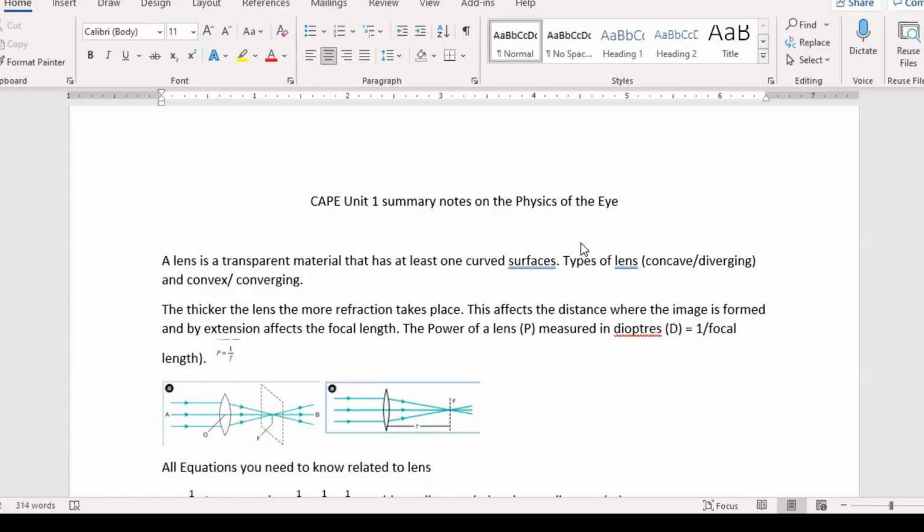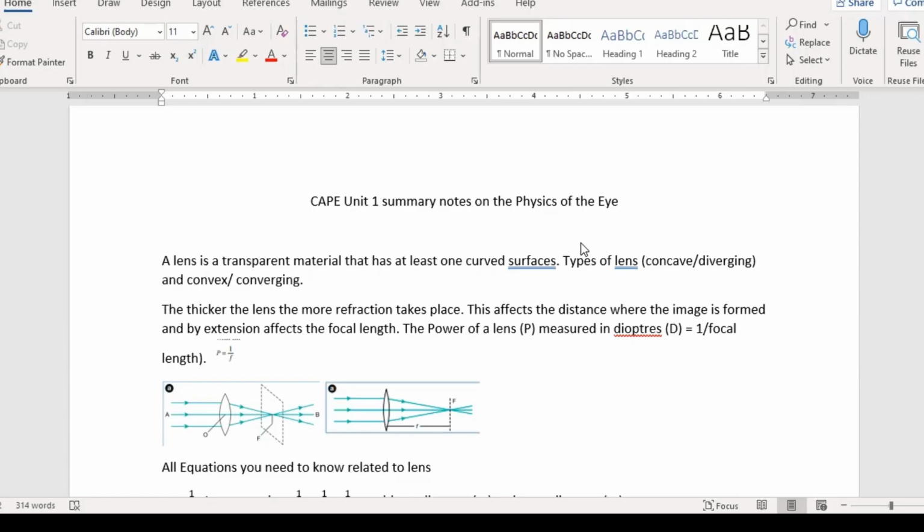It's important to note that depending on the thickness of the lens, that will determine what we call the power of the lens. So if the lens is much, much thicker, it would generally have what we call higher power, so to speak, which is just the amount to which it is able to refract light. The unit for measuring that power of a lens is called diopters.